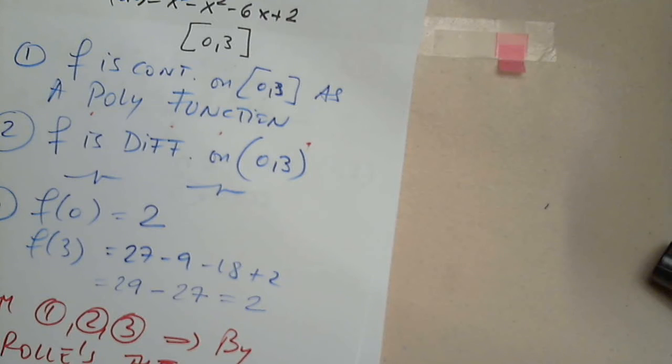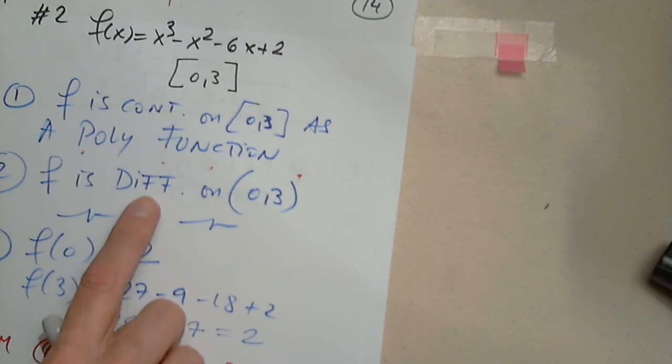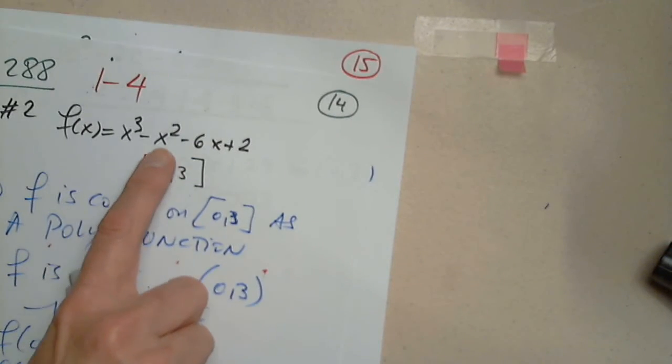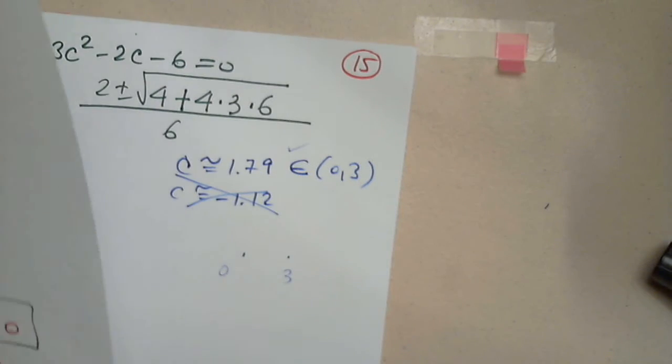They are continuous everywhere, but don't have corners, cusps, or vertical tangents. So by definition, polynomial functions are always continuous and always differentiable. And this is a polynomial function. I understand now, thank you. Sure. Other questions?